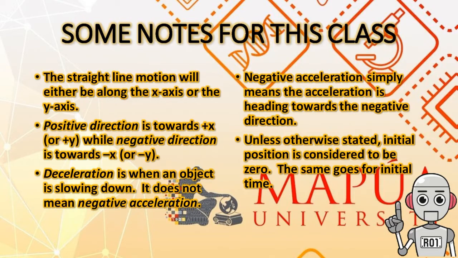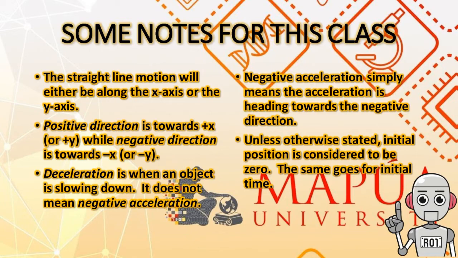So some notes before we continue. Again, motion in a straight line. For our discussion, we shall be limiting ourselves to either motion along the x-axis or motion along the y-axis. Whether it's along the x-axis or the y-axis, there are only two possible directions for our vectors for the motion of the object.